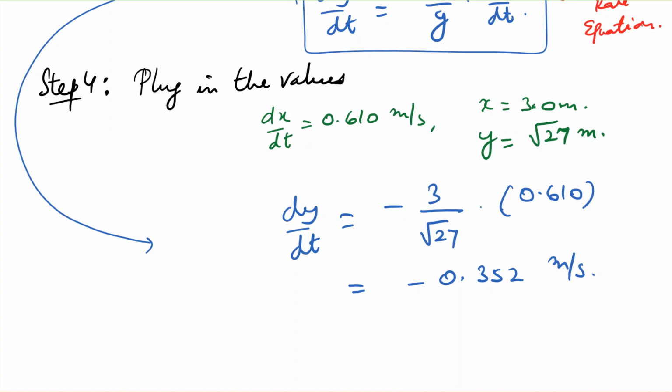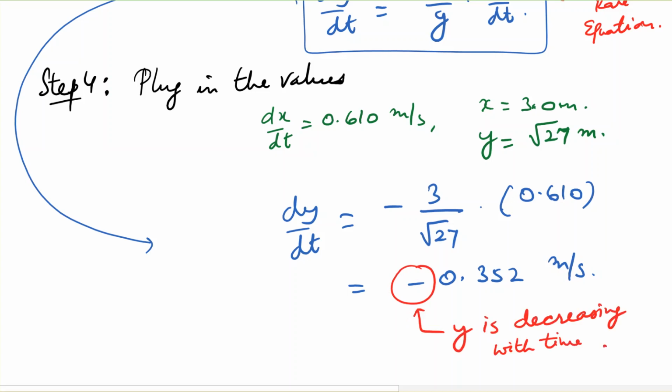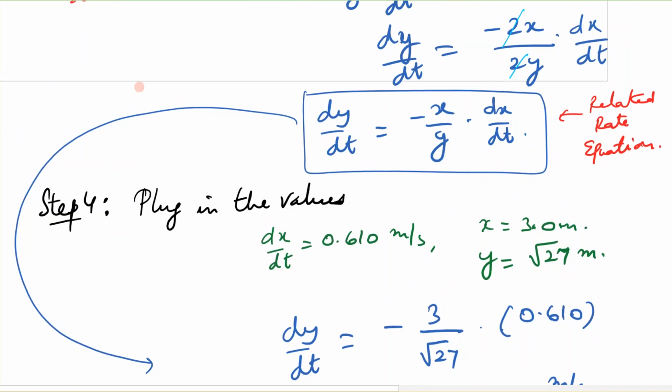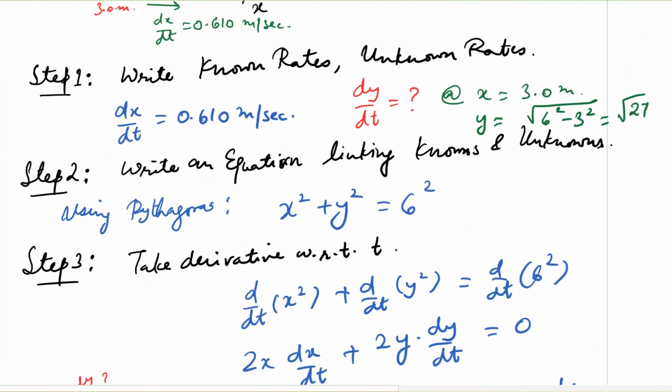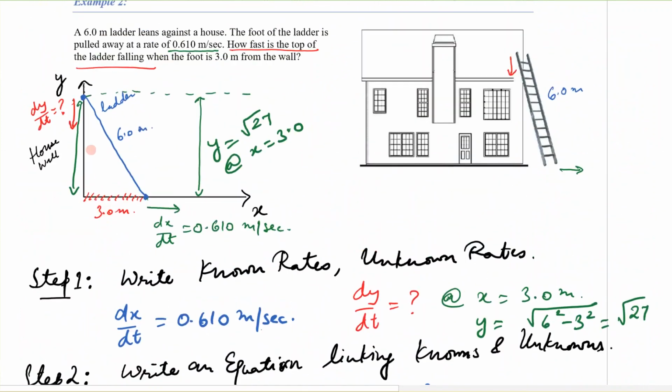Here the negative sign shows us that y is decreasing with time. I hope that makes sense. So the golden rule to solve any related rate problem is that you follow these four magic steps.